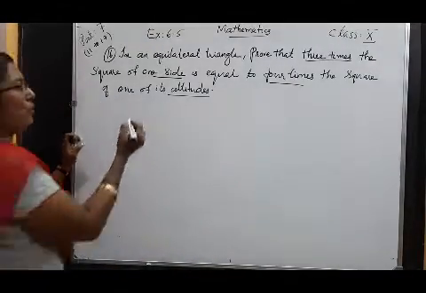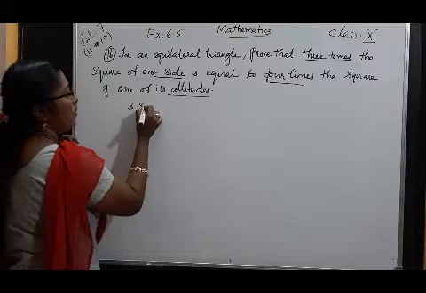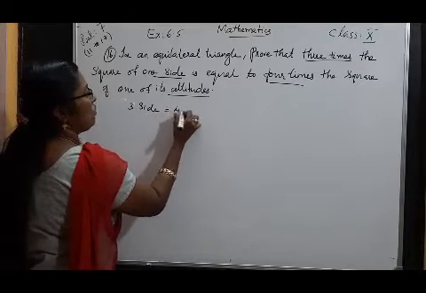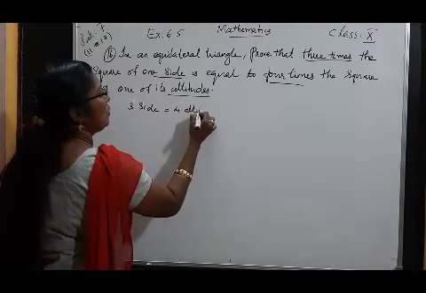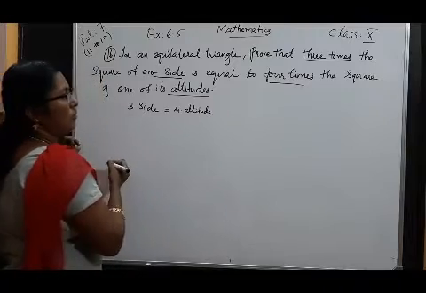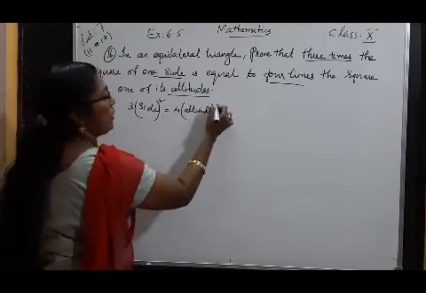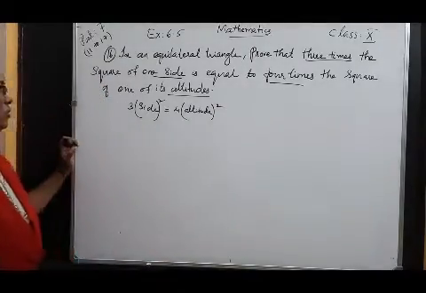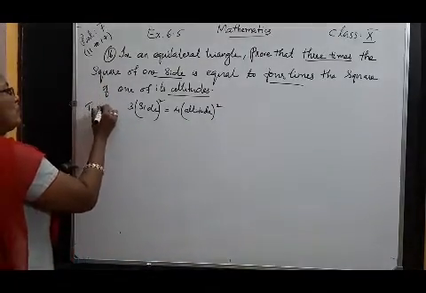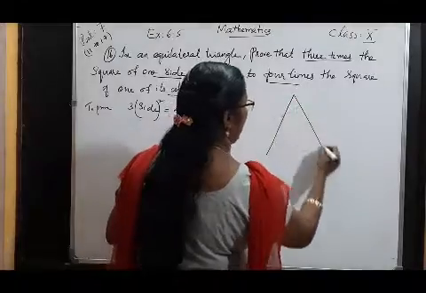Here we want to prove 3 times the square of a side equal 4 times the square of its altitude. That is to prove. Draw an equilateral triangle.